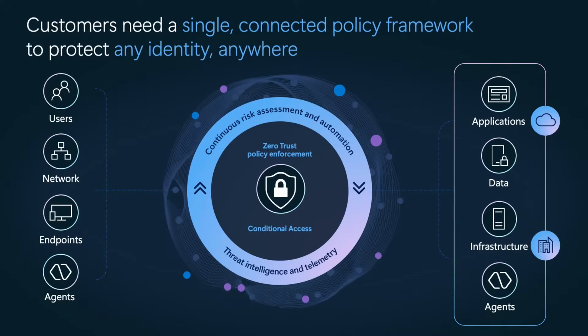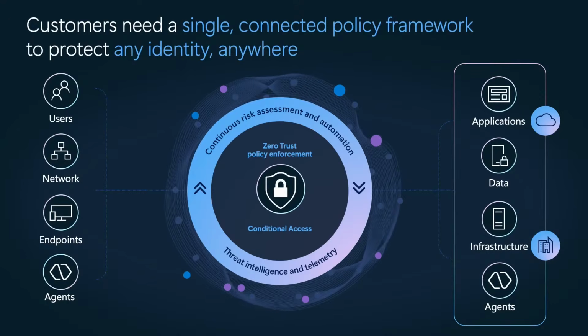On the left-hand side, we'll see users, networks, endpoints, and now agents. We'll bring it into our Zero Trust engine, where we're doing things like continuous risk assessment and automation, as well as bringing in threat intelligence and telemetry from across the various Microsoft threat surfaces that exist in the wild today.